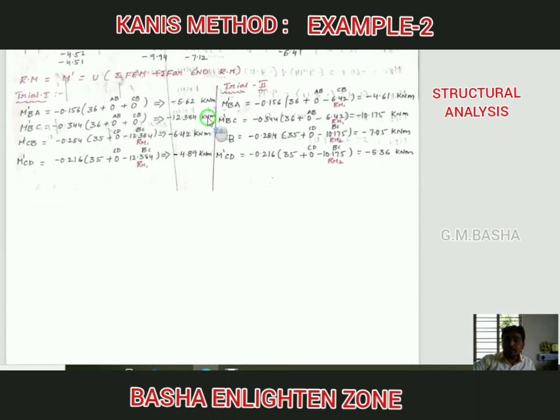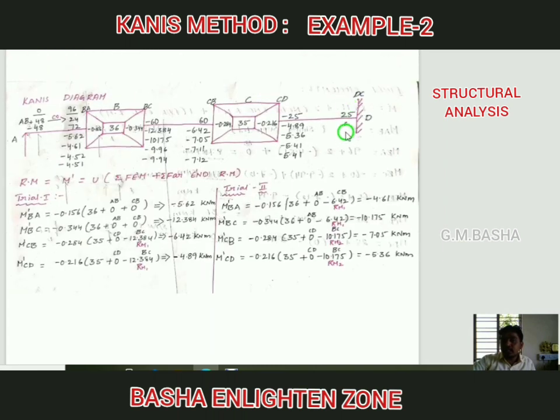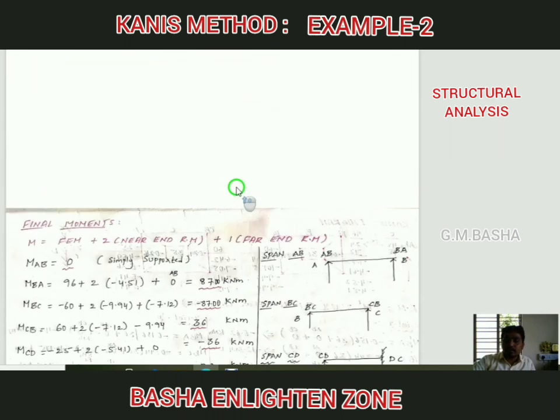At the same time, for CD, the fixed moment will be minus 25 plus 2 into its near end rotation moment minus 5.41 plus 1 into its far end rotation moment. For CD, the far end rotation moment is DC, so that will be 0. If you simplify on your calculator, you will get minus 36 kilonewton meter.